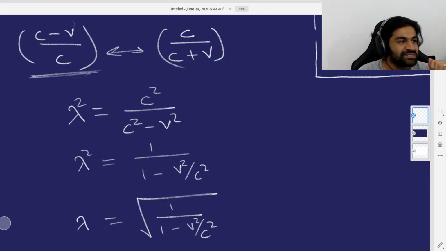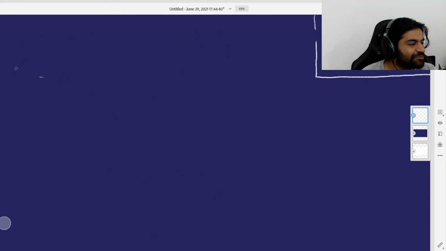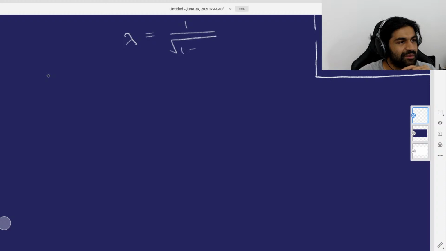Okay, so let's think about this. What would happen if we insert this lambda into our equation? Let me rewrite things. We've already solved for lambda. Lambda is going to equal 1 over the square root of 1 minus v squared over c squared.